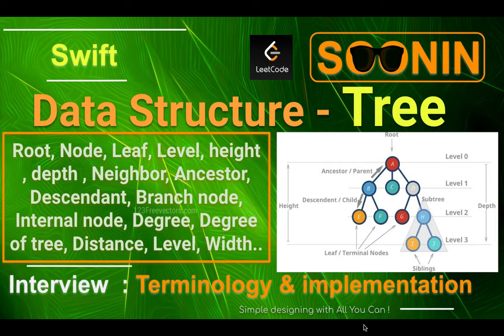Hey guys, welcome back. Today in this video, we're going to work on tree and implement it with Swift. We will try to understand and review all about tree, and then we will jump to implement it with Swift.